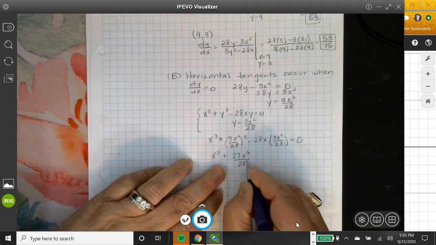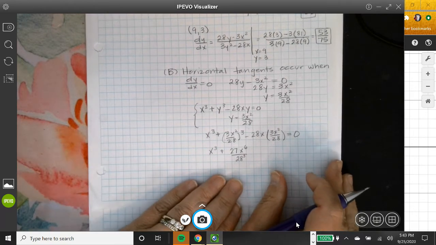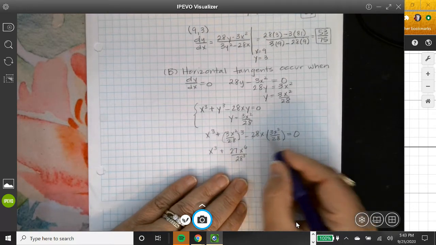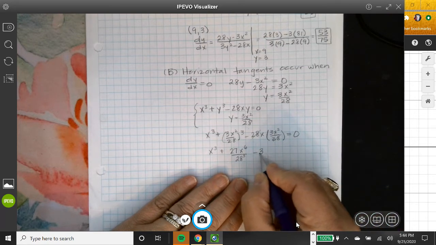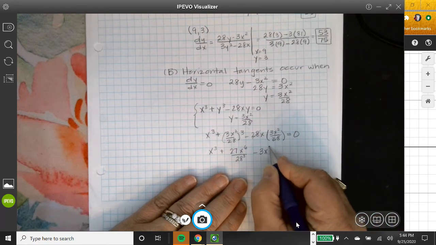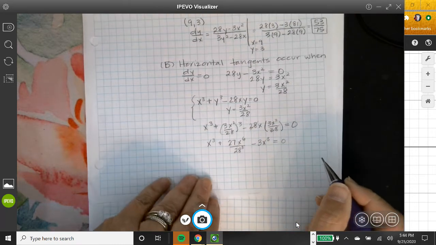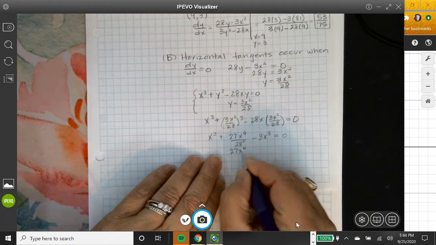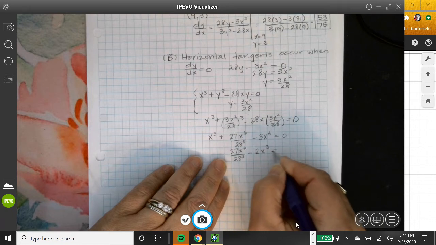I'm going to just write this as 28 cubed because I don't know what that number is, but I know that it's pretty big. Okay, and these 28s, lucky for us, cancel, right? Minus 3x cubed, right? Because the x is multiplying, I get 0. Okay, I can simplify this expression and say 27x to the 6th over 28 cubed minus 2x to the 3rd equals 0.